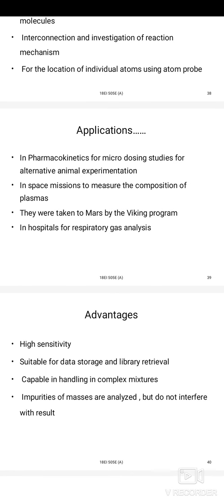In pharma sites for microdosing studies as an alternative to animal experimentation. In space missions to measure the composition of plasma. They were taken to Mars by the Viking program. In hospitals for respiratory gas analysis.